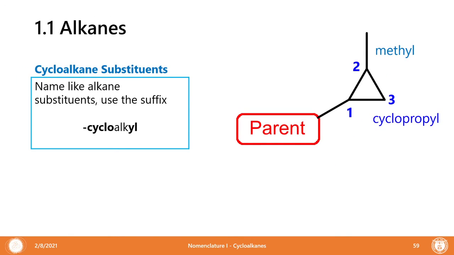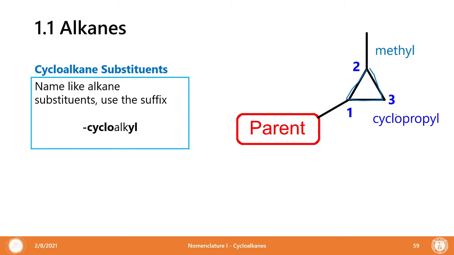Okay, now if for example you have a parent chain that has a cycloalkane substituent, what you do is you approach it this way. You first name the cycloalkane substituent like so. We have a 3-carbon cycloalkane, cyclopropyl.